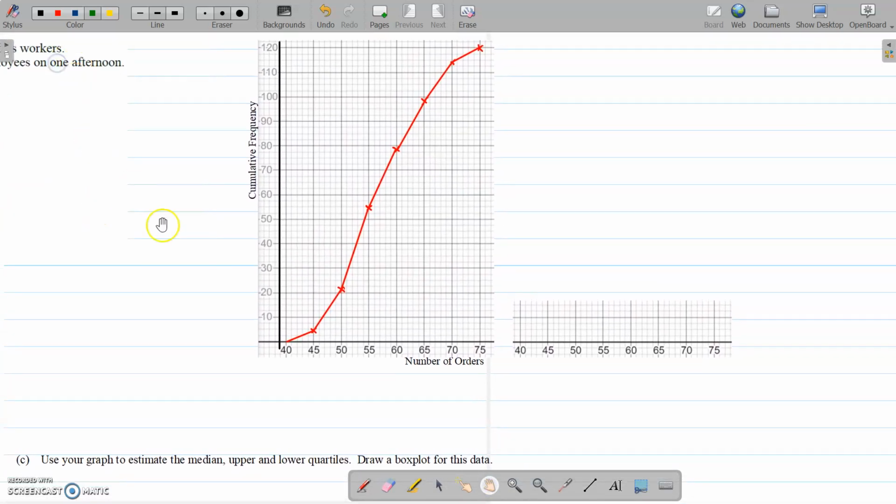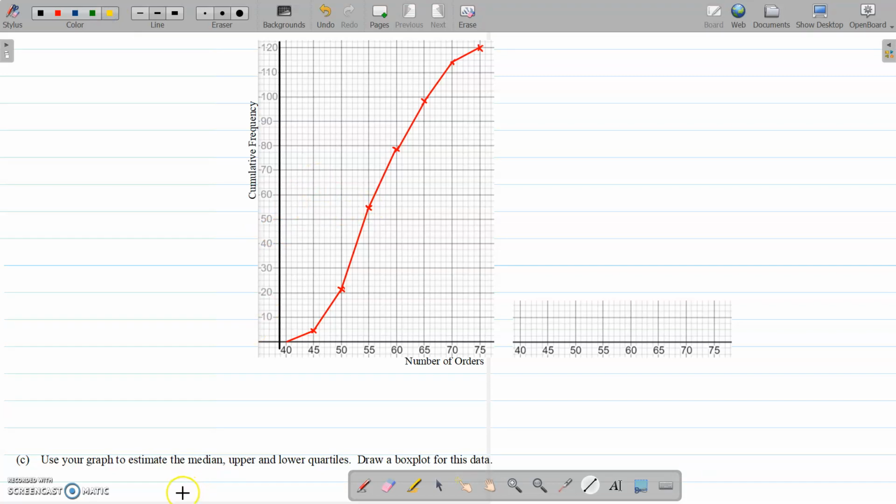Okay, and the question says we've got to estimate the median, upper and lower quartiles, and this is what we do. Take a pencil and ruler. I'm going to use a lighter color, the yellow color here, but you would use pencil.